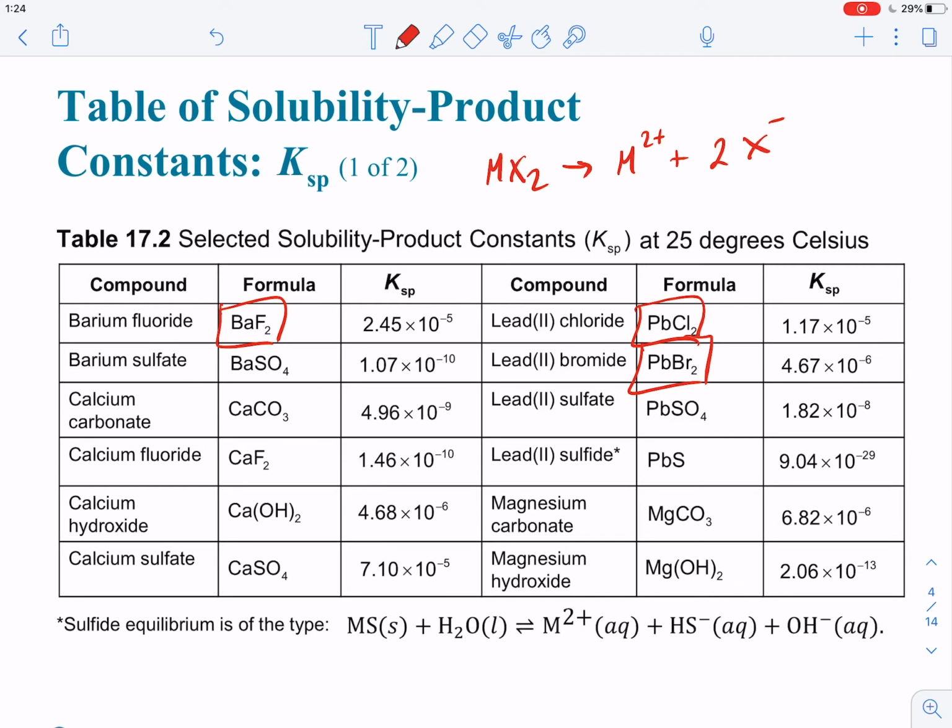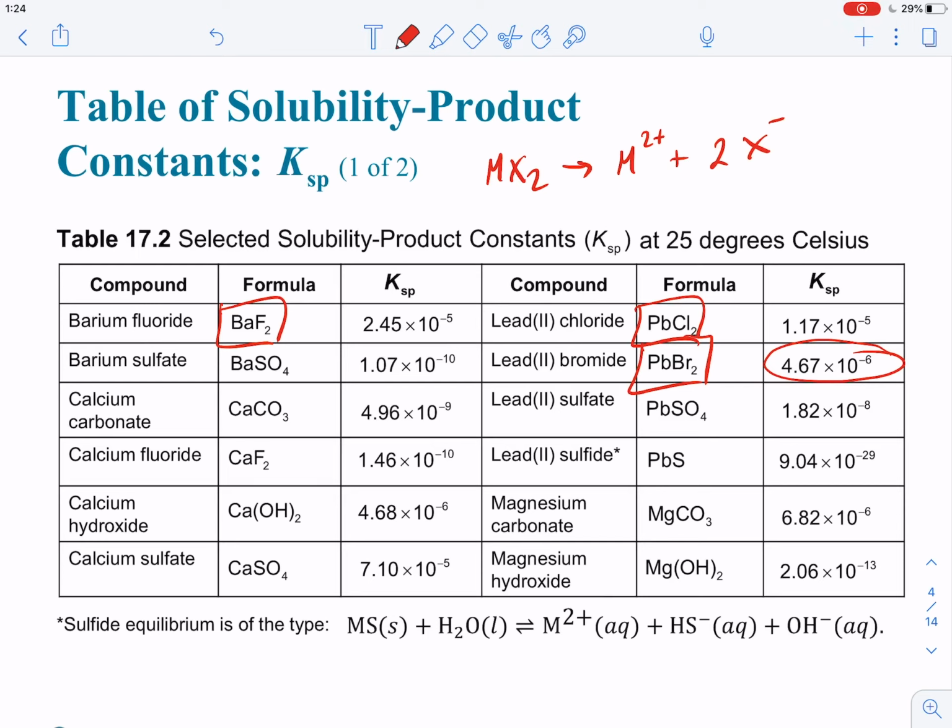So, for example, here for lead bromide, that is the smallest one, right? Between those three. So you can perfectly say, well, because this product is smaller, then the solubility of lead bromide is less than for lead chloride or for barium fluoride.